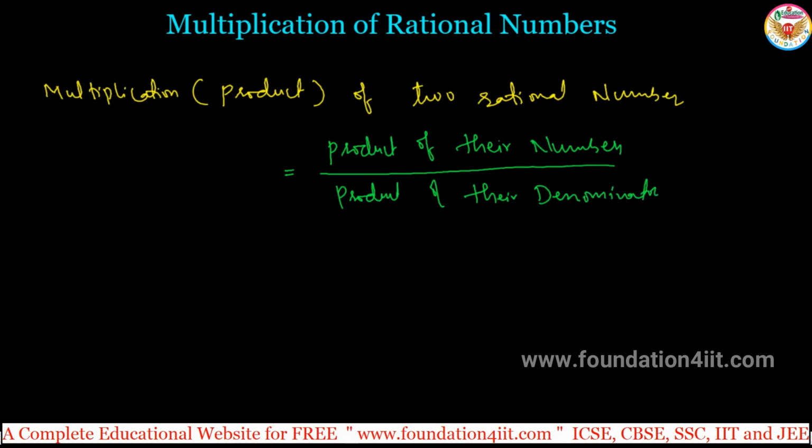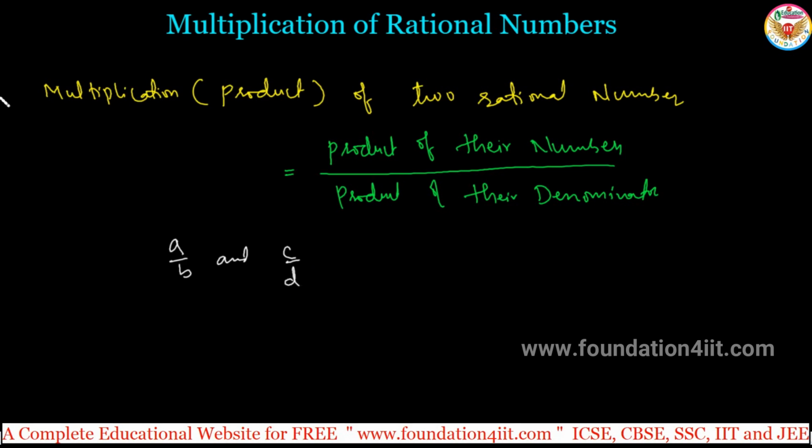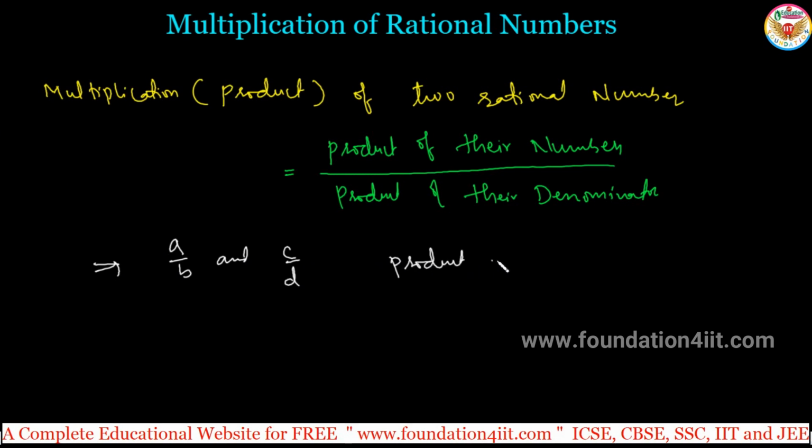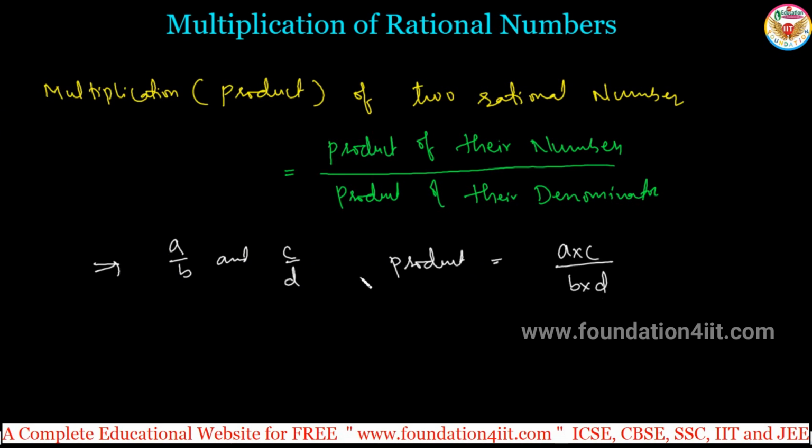This rule we can apply to multiply any two rational numbers. Simple. So if a by b and c by d are the two rational numbers, and you want to multiply them, then the product is a into c by b into d.